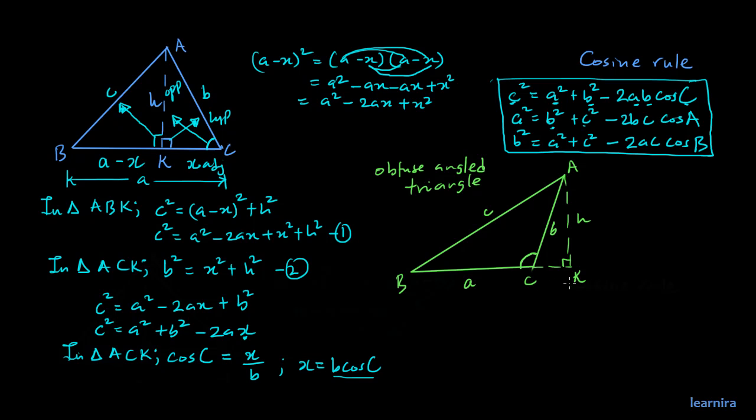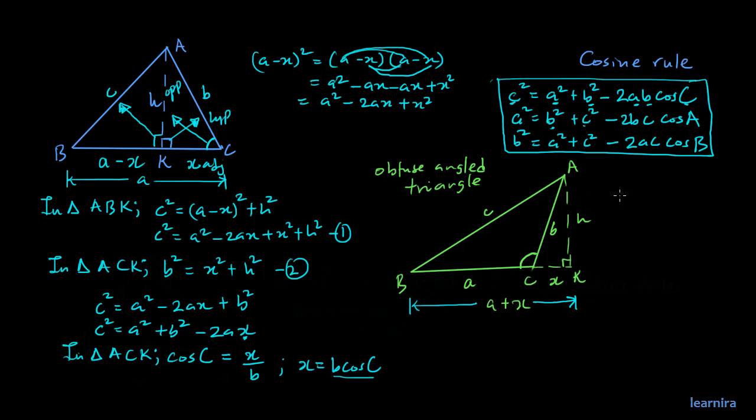The distance CK, you can just put as x. The distance between B and K would be a plus x. The total distance would be a plus x.